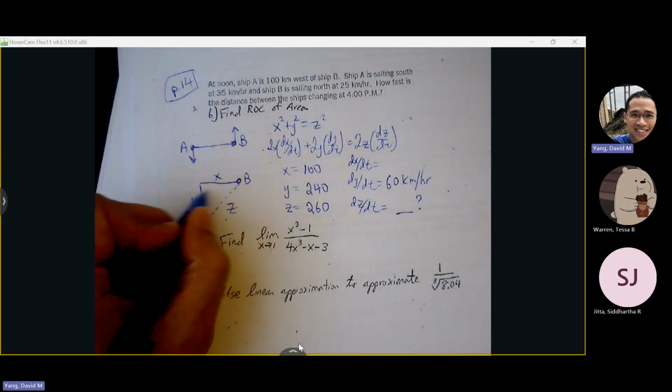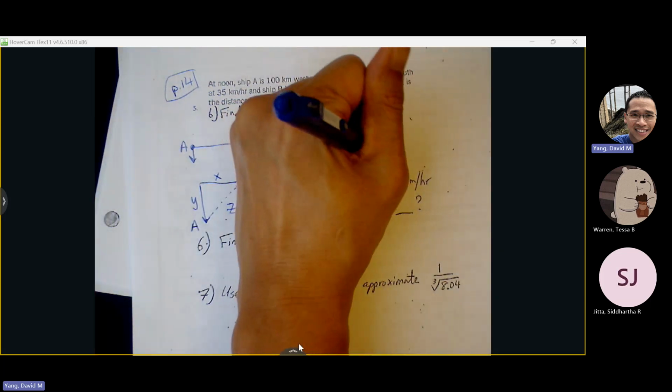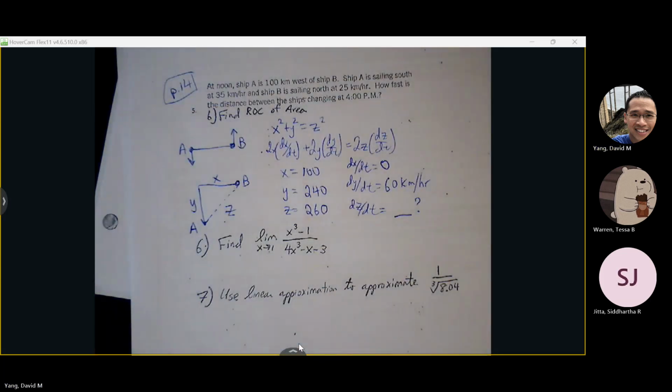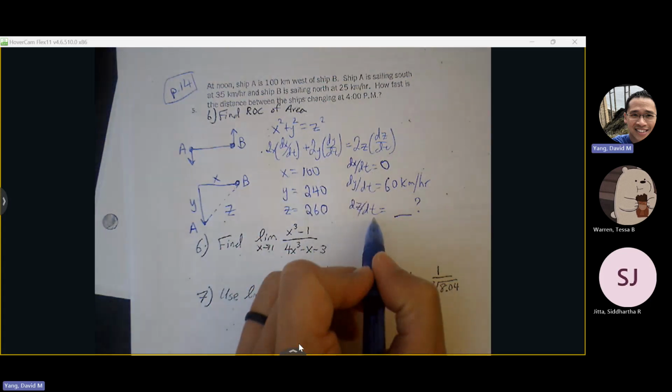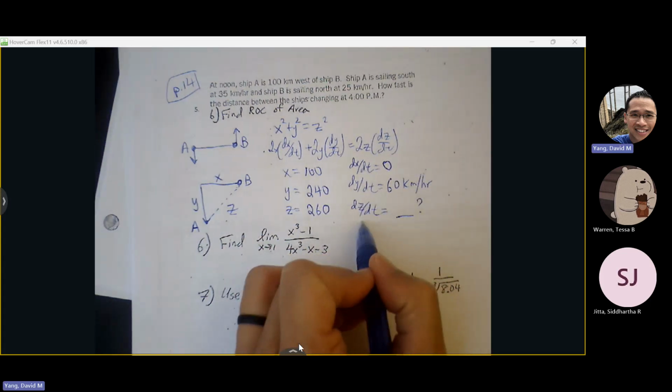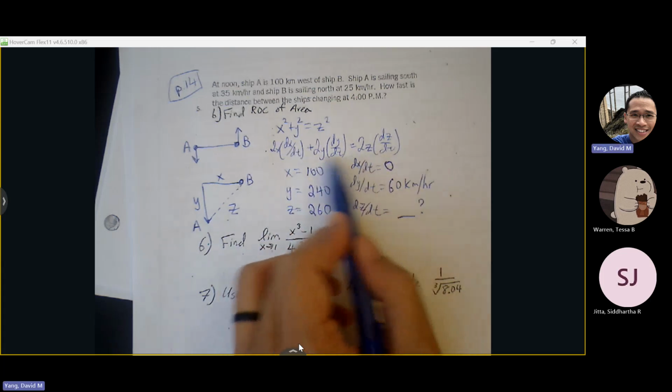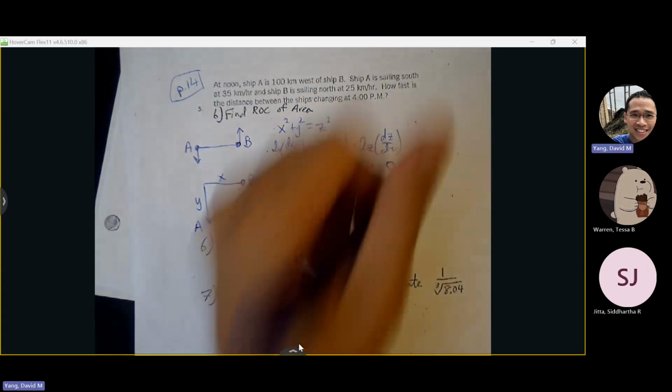For dx/dt, we know that this horizontal distance between them is never going to change, so dx/dt is 0. And now we have 5 out of the 6 variables accounted for. I can solve for dz/dt by just plugging back into my derivative equation.